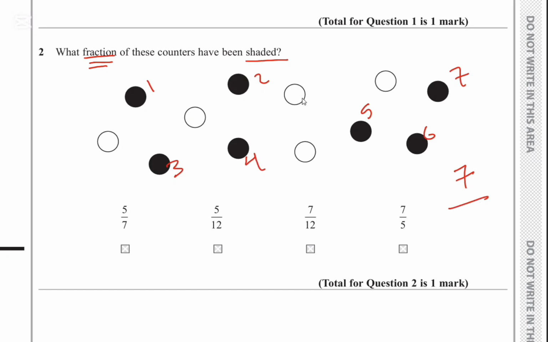So we have 8, 9, 10, 11, and 12. So it's 7 over 12. That's because they asked about the shaded ones. If they asked about the not shaded ones, we would count the white ones, which is 1, 2, 3, 4, 5, and it would be 5 over 12. But here we want the shaded, so it is 7 over 12.